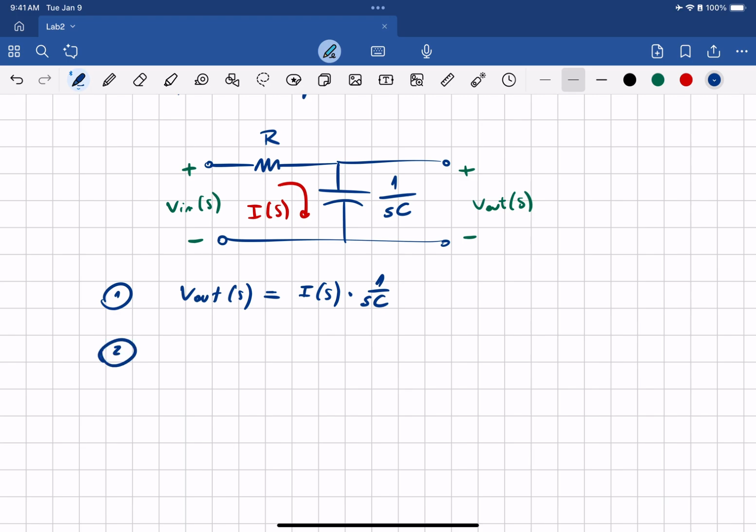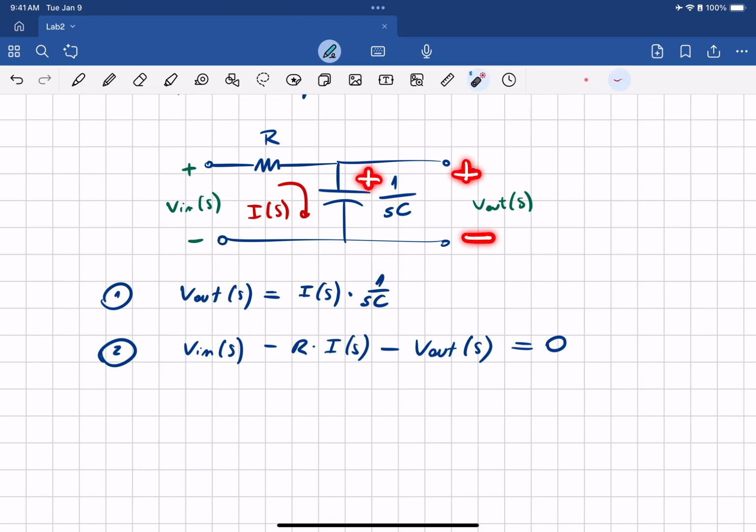Equation number 2 would be Vin of S minus R times I of S minus the impedance 1 over SC times I of S, actually let's call it minus V out of S equals 0. We know most definitely that this voltage equals this voltage, so we're simply replacing.